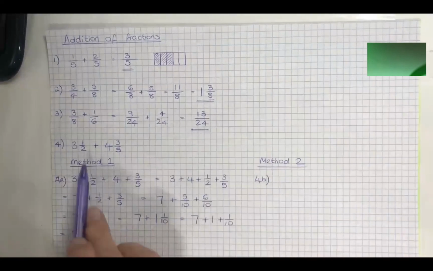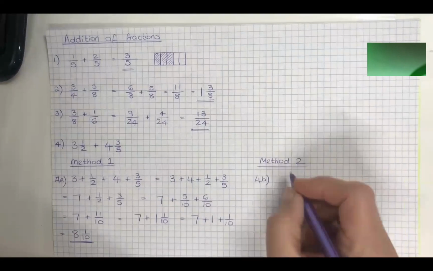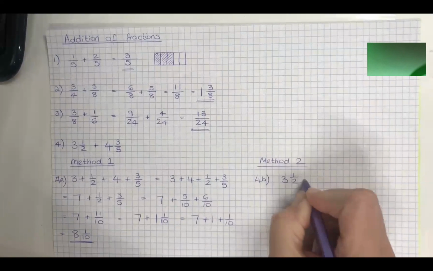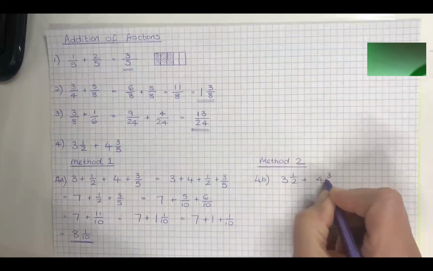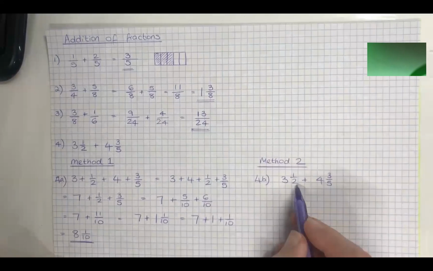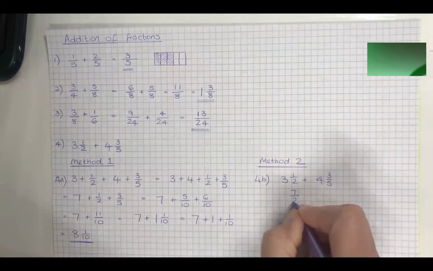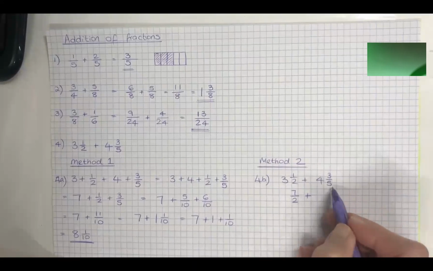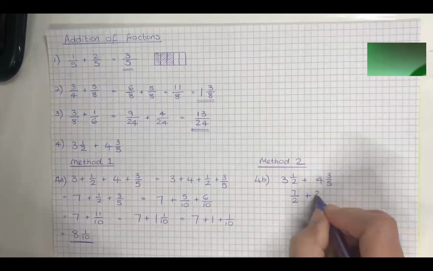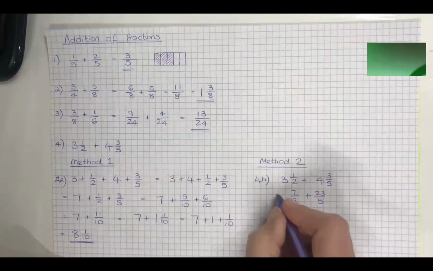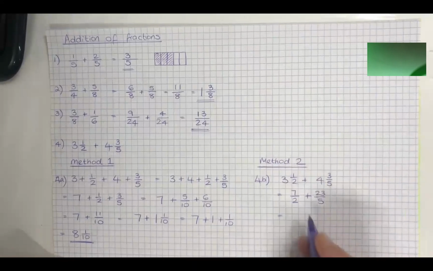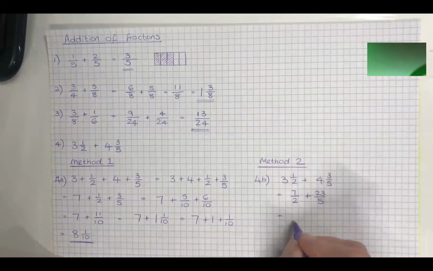Okay, so remember, let's write the question again. 3½ plus 4 3/5. 2 multiplied by 3 is 6, add 1 is 7/2. 4 multiplied by 5 gives me 20. 20 plus 3 gives me 23/5. Again, I need to make my common denominator 10.